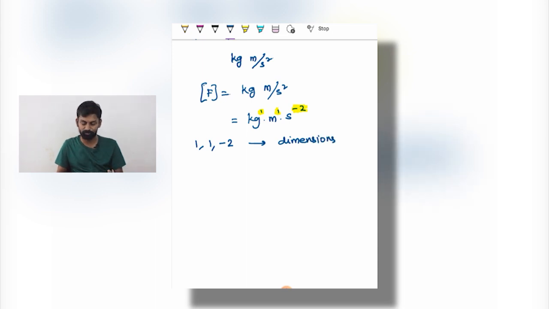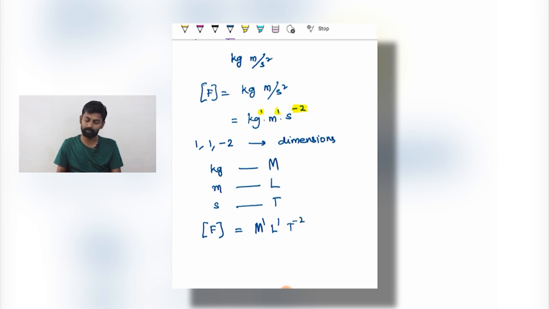To write them a little differently, as we know, kg represents mass, meter represents length and second represents time. So, the unit of force is kg meter per second square, whereas the dimensional formula is written as M power 1, L power 1 and T power minus 2.